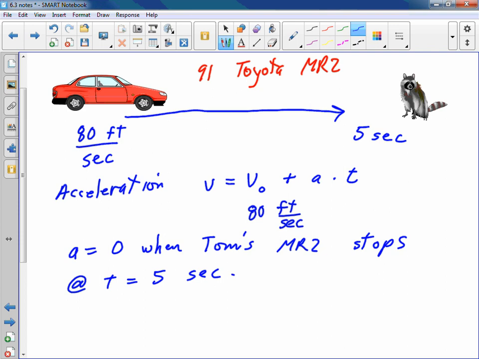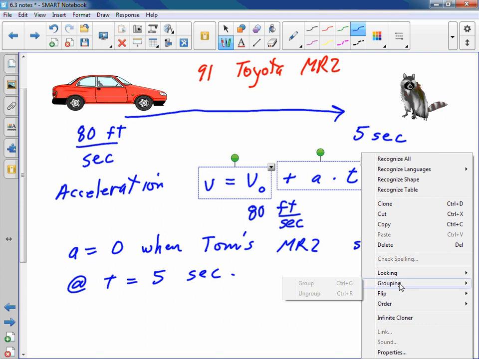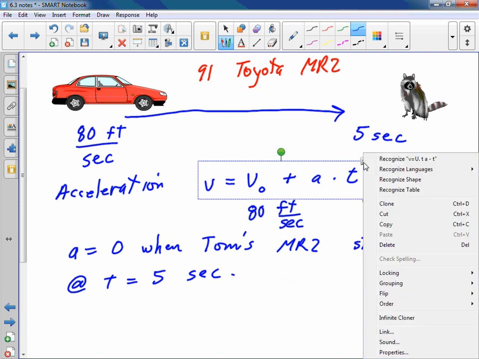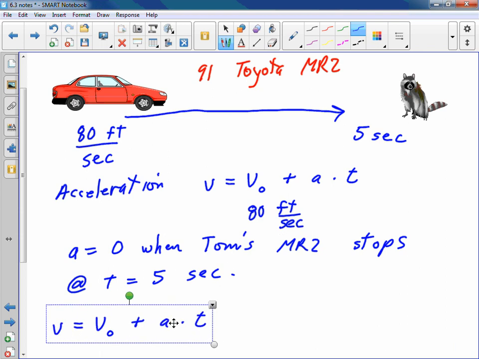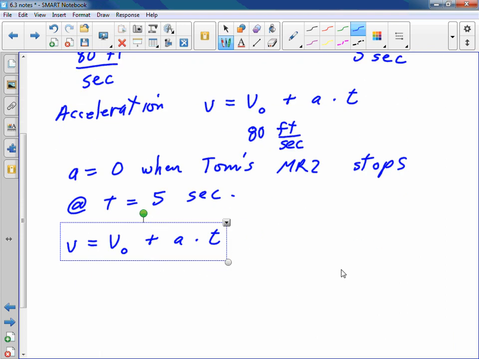So we can use all of this stuff to say that, let's copy it down. Okay, so let's put all this stuff together that we know. So we can say that the velocity is 0 at 80 feet per second plus 5 seconds times a.